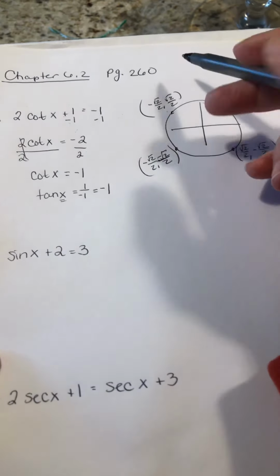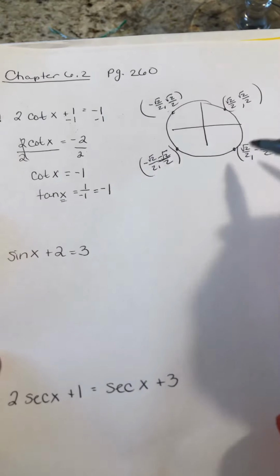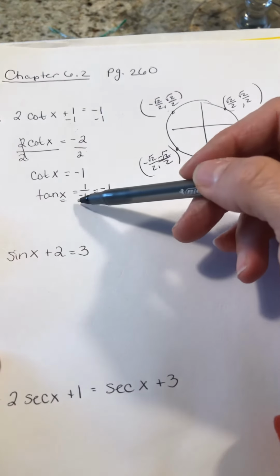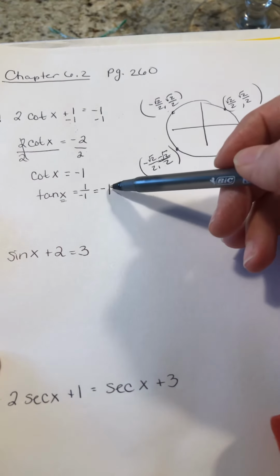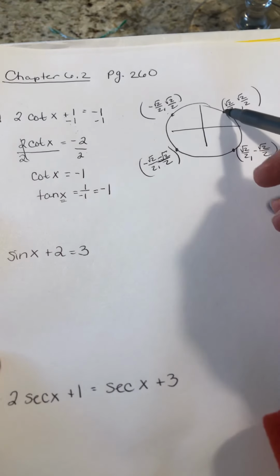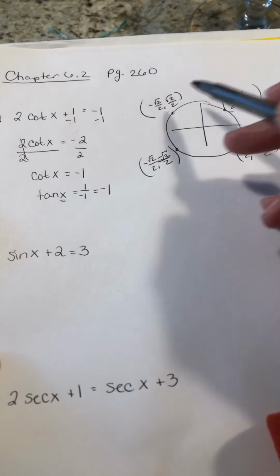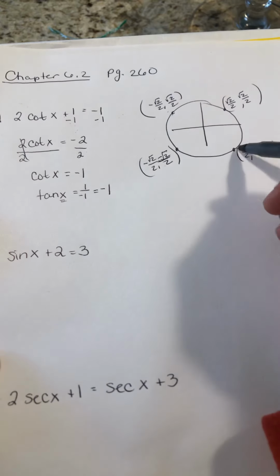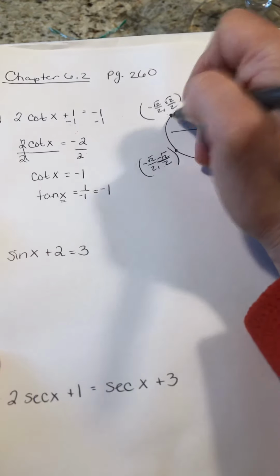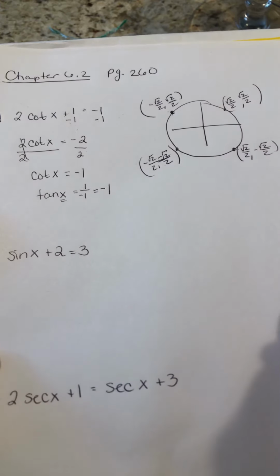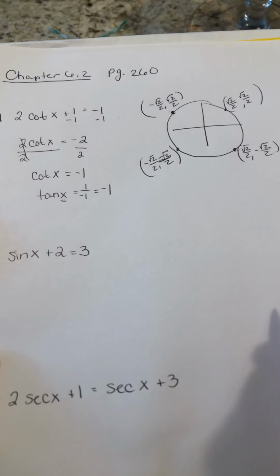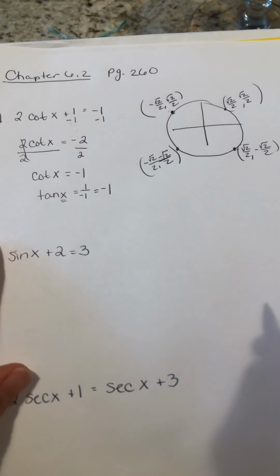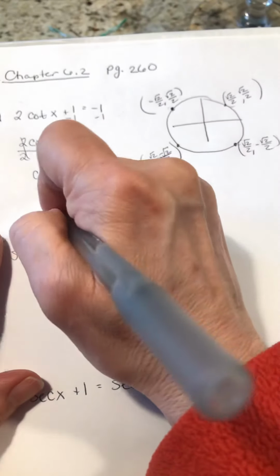Now when we think about which of these angles fits our problem, where it's equal to -1, remember that tangent is positive here, tangent is negative here, tangent is positive here, and tangent is negative here. So these two angles are the two angles that we're talking about. I believe that we're talking about degree mode here.